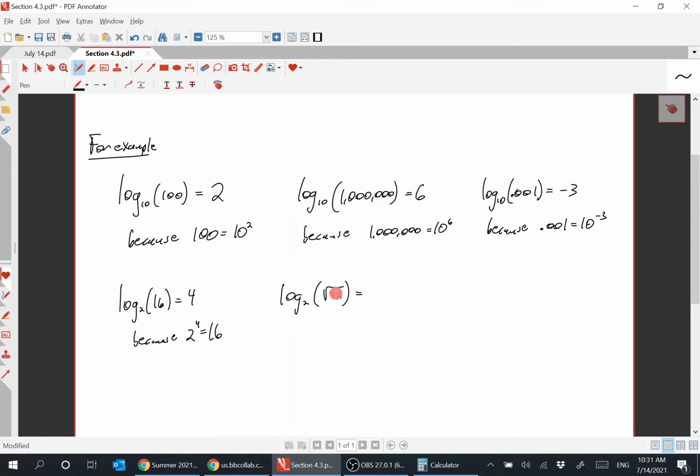Well, 2 to the 5th is 32. And then the square root thing corresponds to what as an exponent? Right, a 1/2.